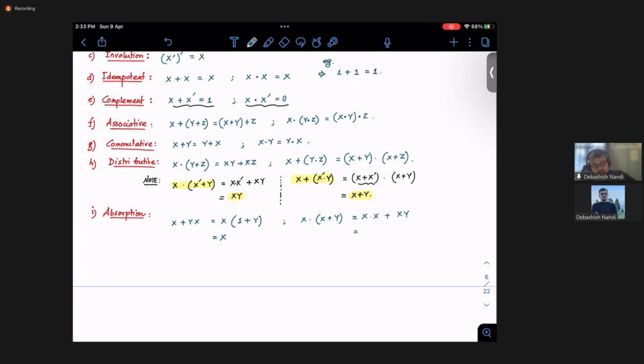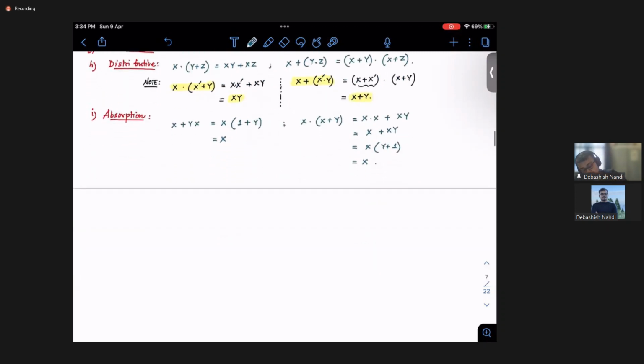So x and x is nothing but x, plus x and y. So it becomes x times y plus 1, and that becomes x. So this is called absorption property. That means your y is getting absorbed into the entire stuff and your result is simply x only.